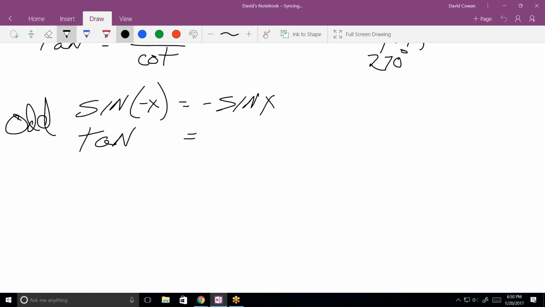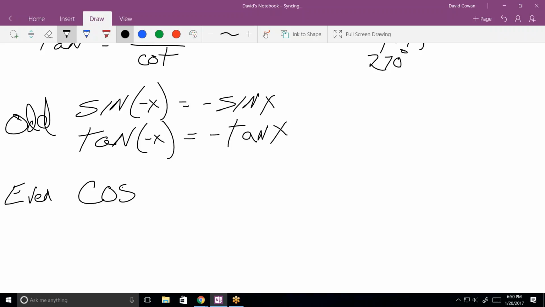And the tangent of negative x is the same as minus tangent x. Cosine. Is that the same as inverse? No, it's not. Odd and even are unique. Okay. Inverse is completely different. I'll get to that in a second if we have time. But the cosine of a negative angle, well, that's the same as the cosine of the positive angle.